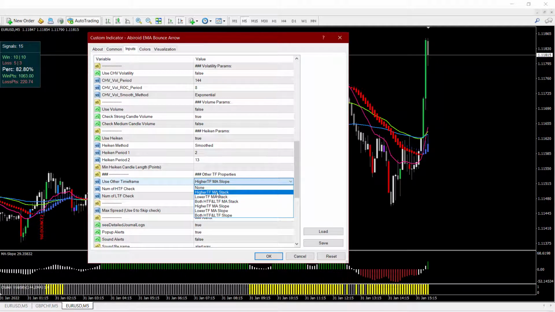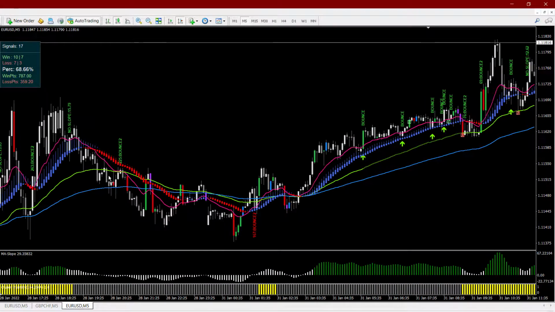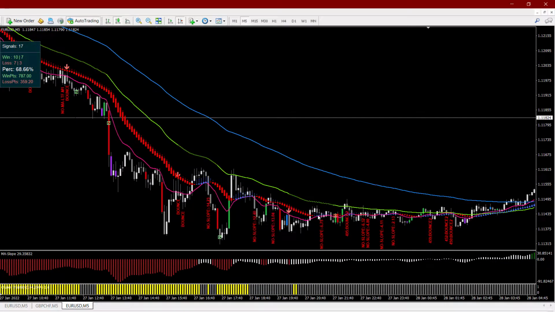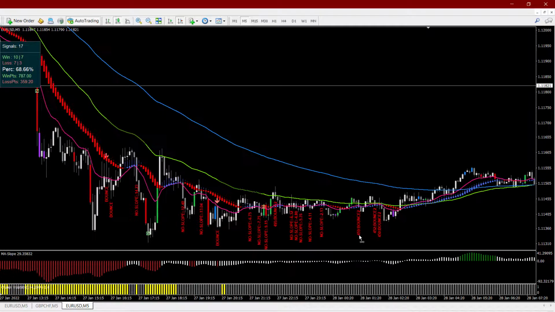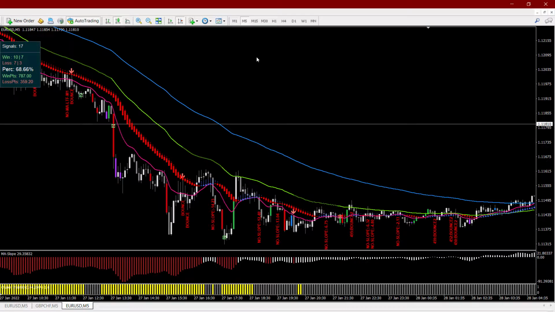Or in order to find the higher time frame trends, you can also use the HTF MA slope, or you can also use the lower time frame MA slope. Now lower time frame MA stack or MA slope is a good thing because sometimes when a trend has been going on and when the trend starts to slow down, in that case you will be able to see that you are not getting a good slope on higher time frames.